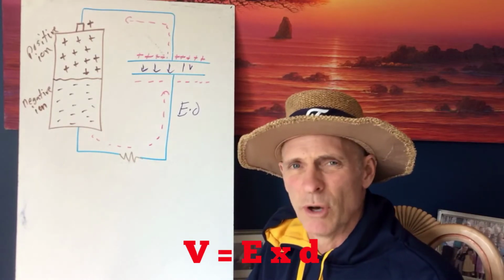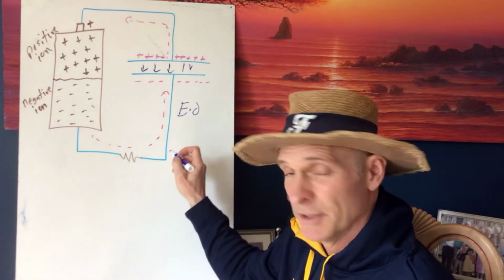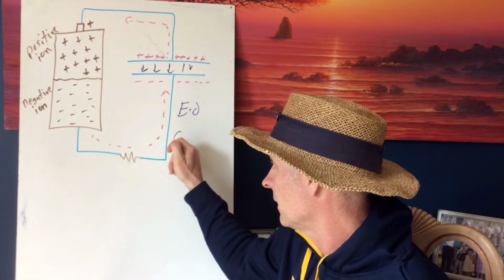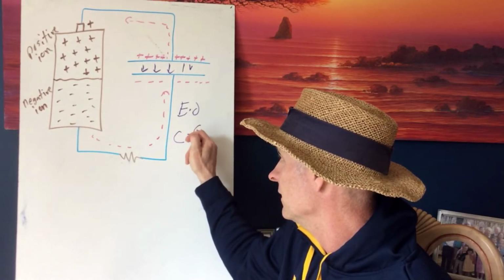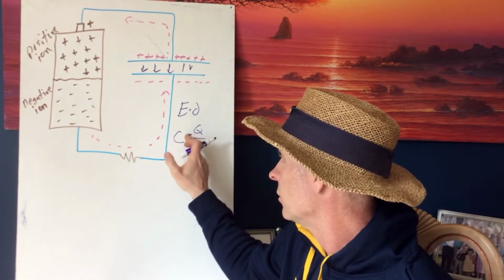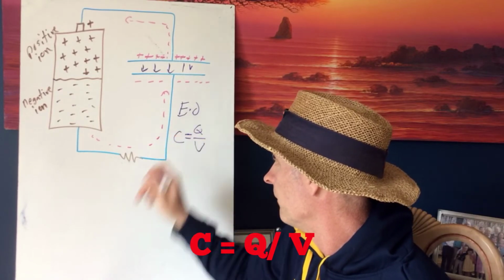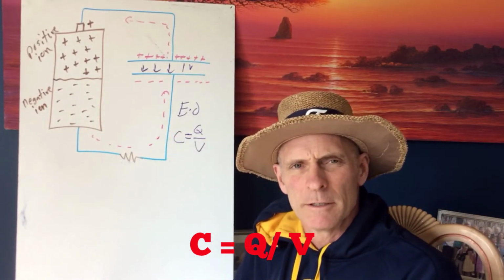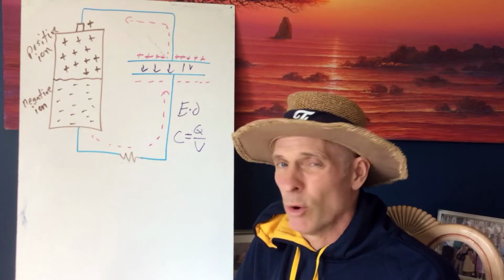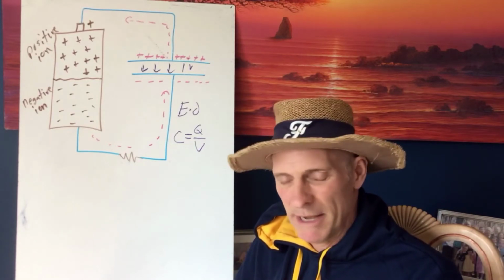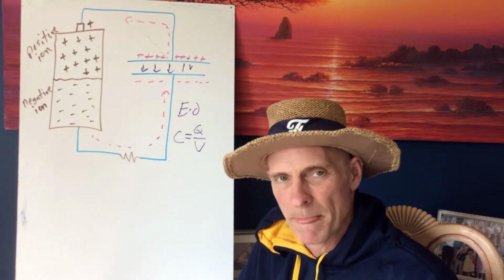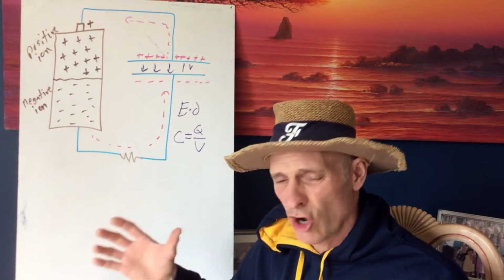Of course, you also know the relationship of voltage from previous videos of capacitance. A capacitor is just the charge per volt. Remember, that's measured in farads, or microfarads, nanofarads, or picofarads, something very small, because a coulomb is a large amount of charge.